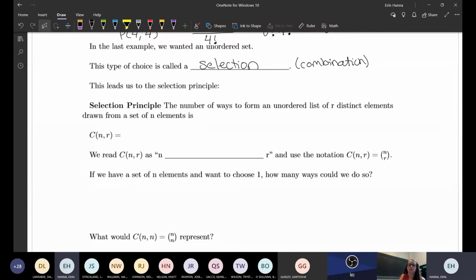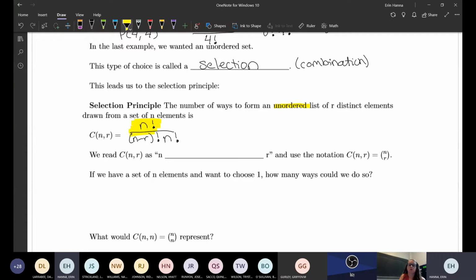The selection principle says that the number of ways to form an unordered list of R distinct elements drawn from a set of n elements is C of n and R, which is n factorial over n minus R factorial times R factorial, which is what we just looked at.